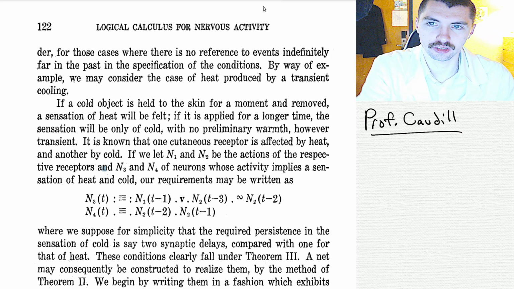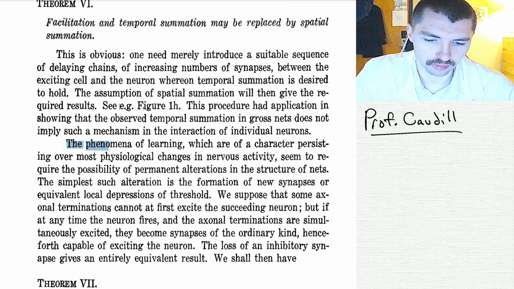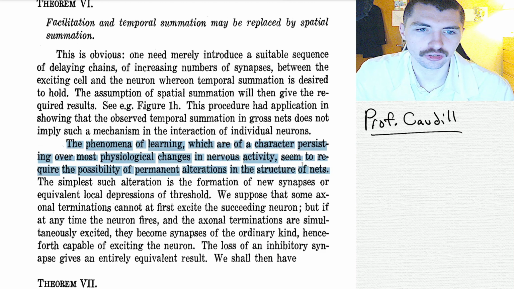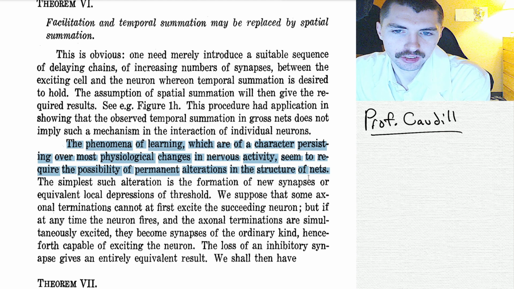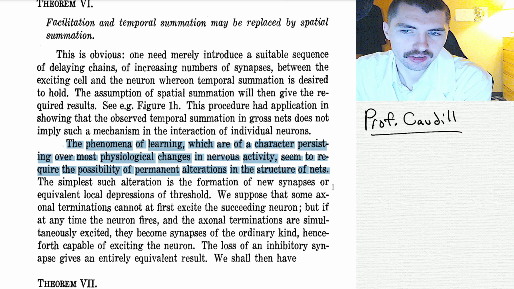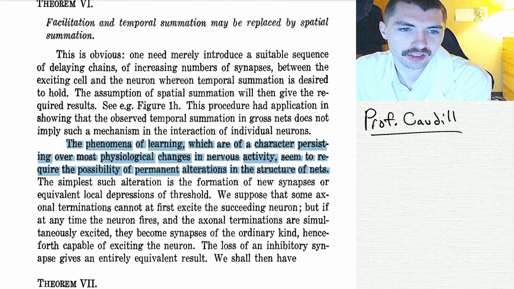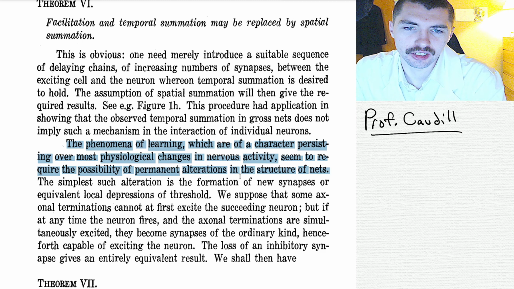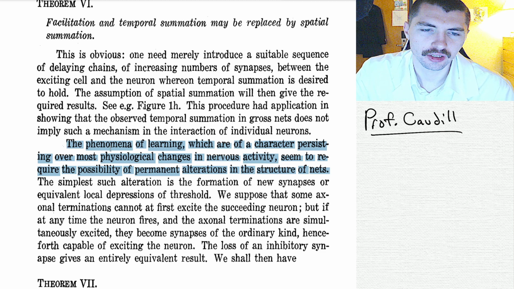The next one is the phenomenon of learning. I found this section interesting: the phenomena of learning, which are of a character persisting over most physiological changes in nervous activity, seem to require the possibility of permanent alterations to the structure of the nets. Rosenblatt, I think, builds on top of this.